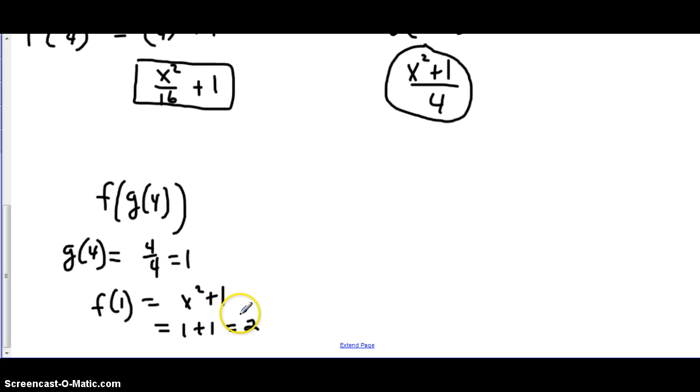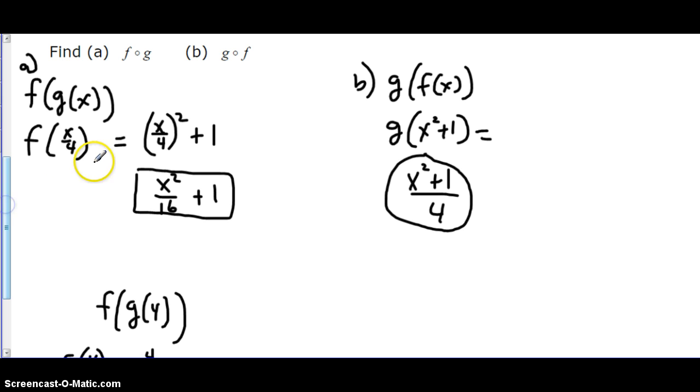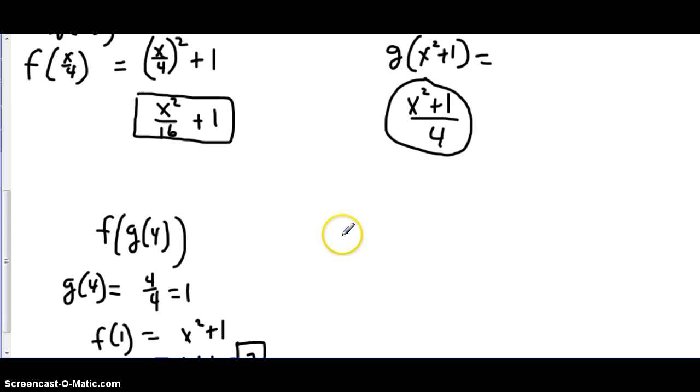So f of g of 4 is 2, but since we've already found our composite of f of g of x, we could check our work by plugging in 4 into what we found for f of g of x. And 4 squared over 16 plus 1, we have 16 over 16 is 1, and 1 plus 1 is 2.